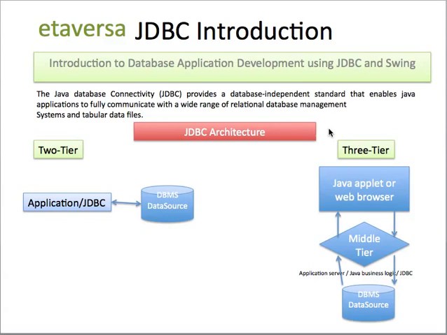So, what is JDBC? Java Database Connectivity, abbreviated as JDBC, provides database independence standards that enable Java applications to fully communicate with a wide range of relational database management systems and tabular data files.